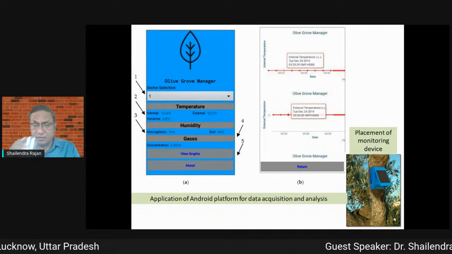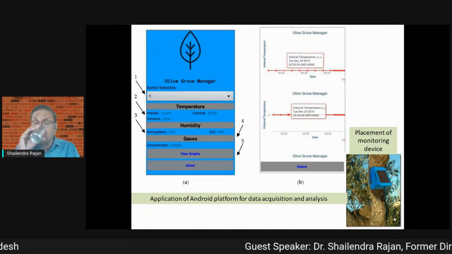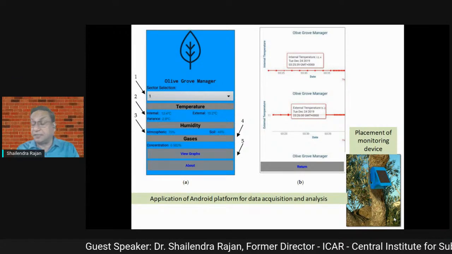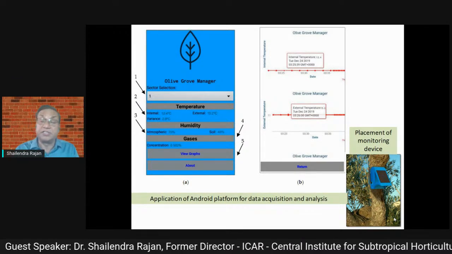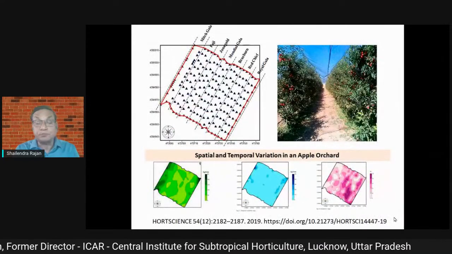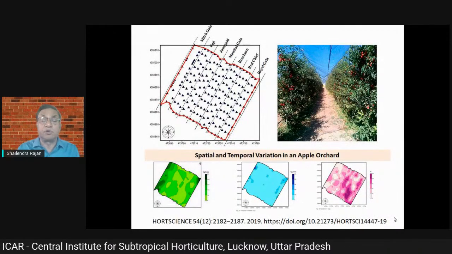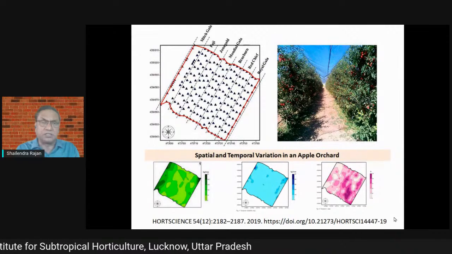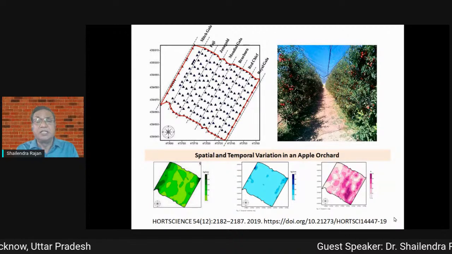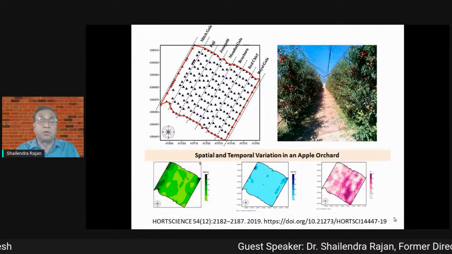So this can take care of temperature, humidity, gases. It can produce the graphs. It can warn for the disease, and the warning system can be for many other areas. Then the spatial and temporal variation in the apple orchards or any orchard, variety versus year versus variety, all those can be done through these techniques.